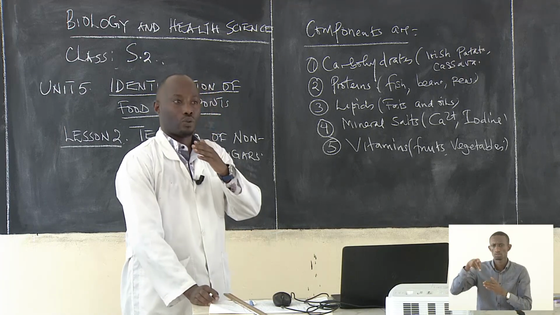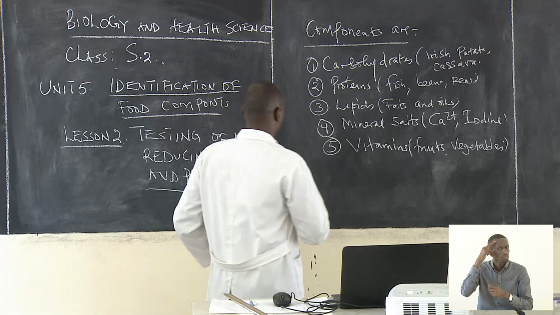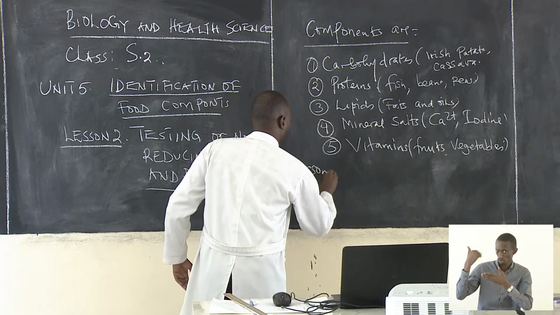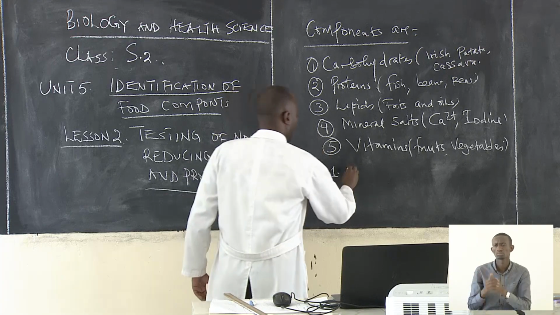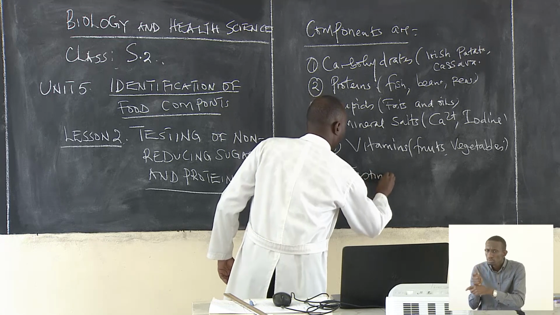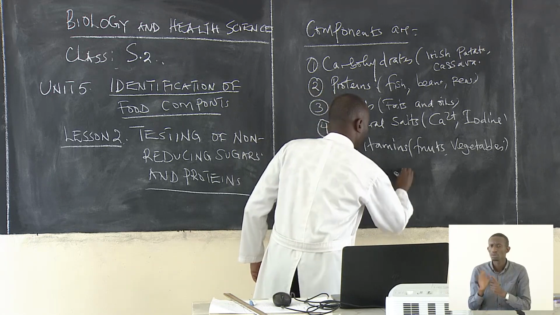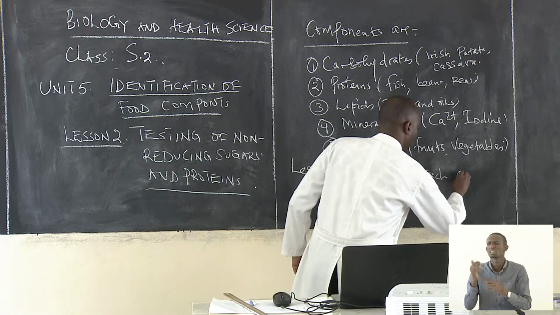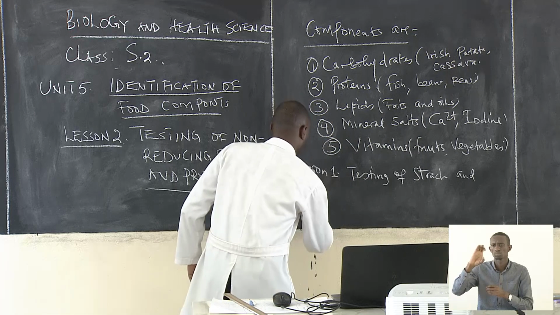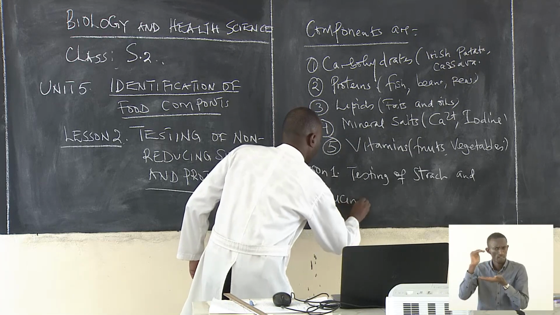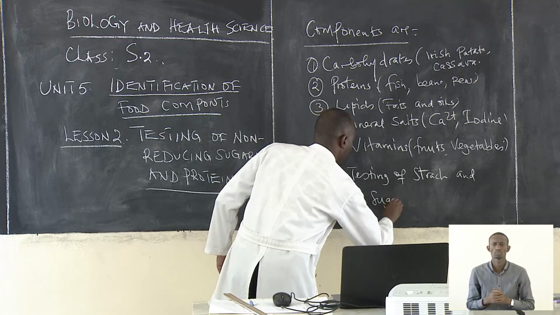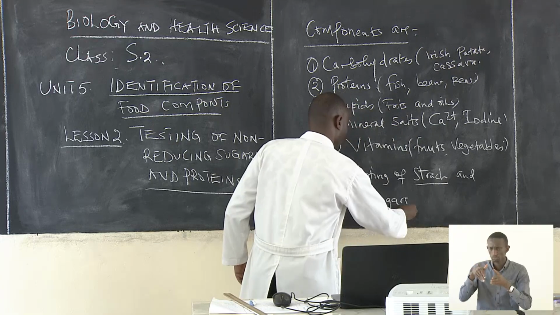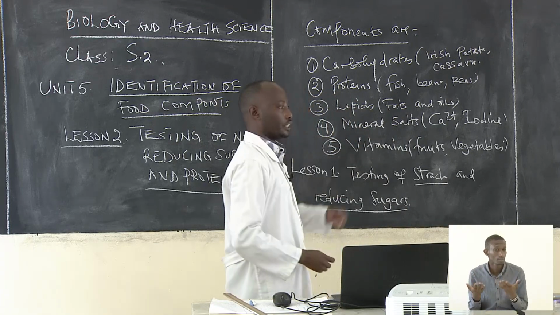Lesson 1 was concerning testing of biological molecules, which was testing of starch and reducing sugars. If you do remember, we are going to go through how we did it.